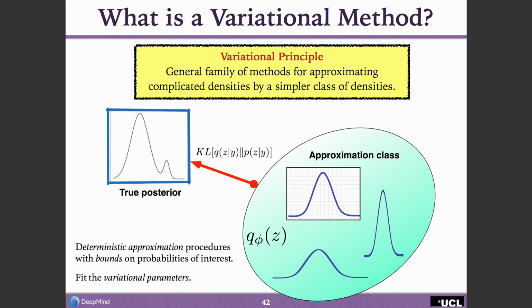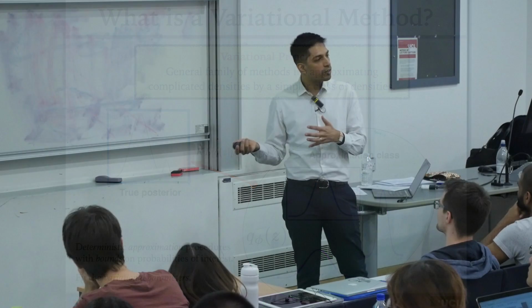And you can do this directly using functional gradient descent, which is what we call the variational calculus. But we're going to try and avoid the variational calculus because we can parameterize these distributions through other parameters phi. That means we can do parametric optimization, or standard optimization, on the parameters phi. So in general, even though this is called variational inference, there are lots of things which are variational methods.